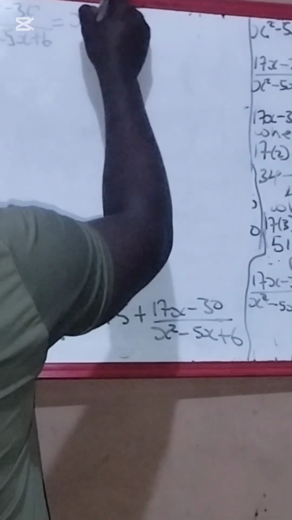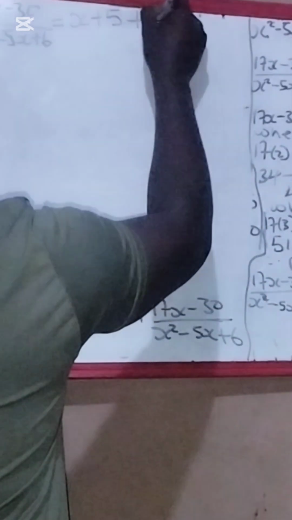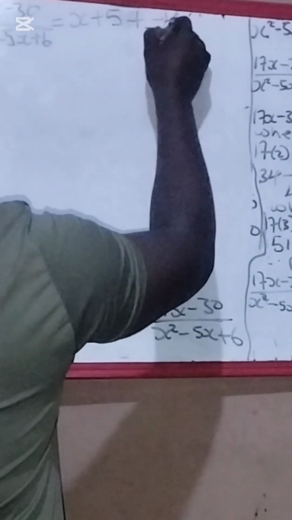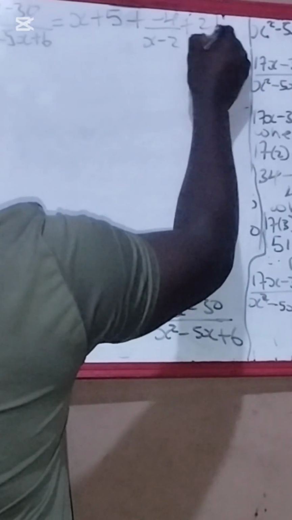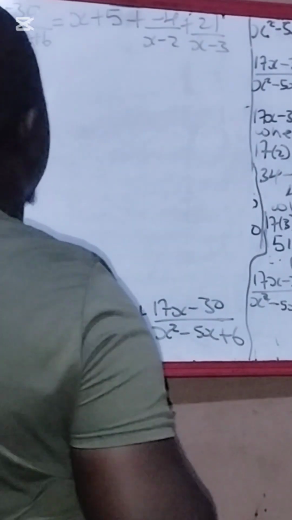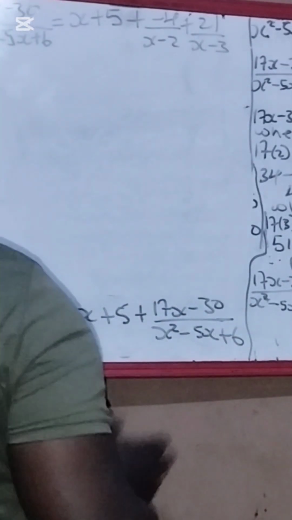Remember we still have 5 plus this, plus minus 4 over x minus 2 plus 21 over x minus 3. Now let's integrate this.